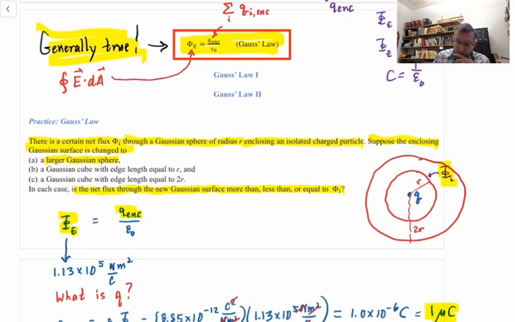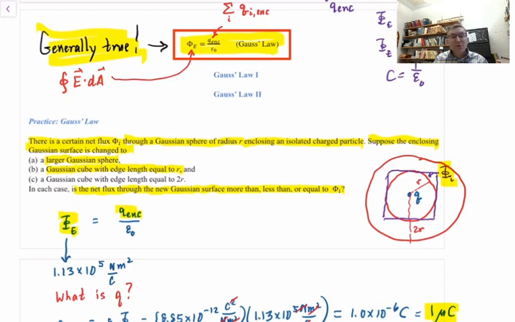Next Gaussian surface. What if the Gaussian surface is a cube with edge length equal to r? Well, that would be something like this. Okay? I drew it as a square, but you have to think of it as a cube containing the charge Q. What's the electric flux now? Still phi sub I, right?